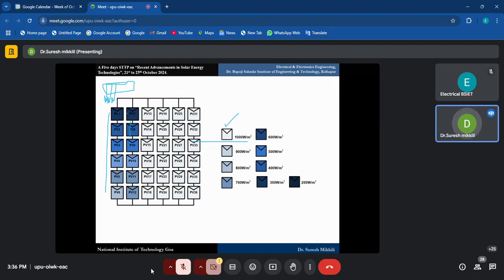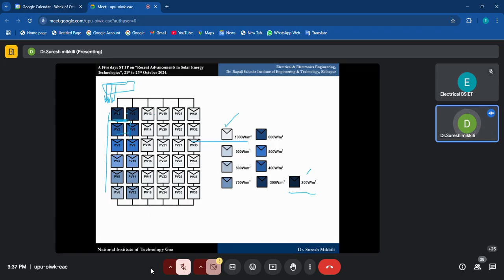The highest amount of shading, that means the highest amount of darkness, will give you the lowest amount of irradiance. So next to your wall, consider this condition. These two panels are highly shaded, so 200 watt per meter square can be observed.